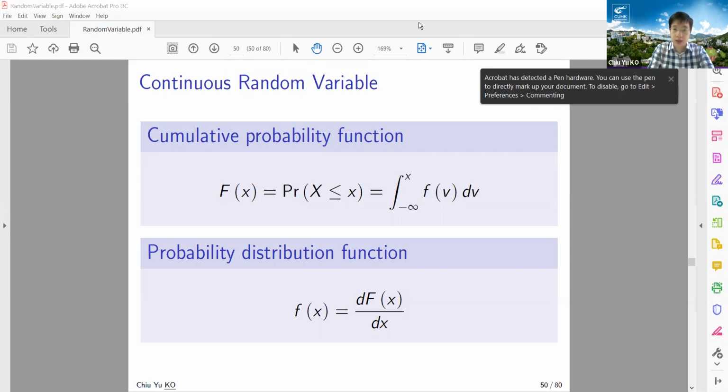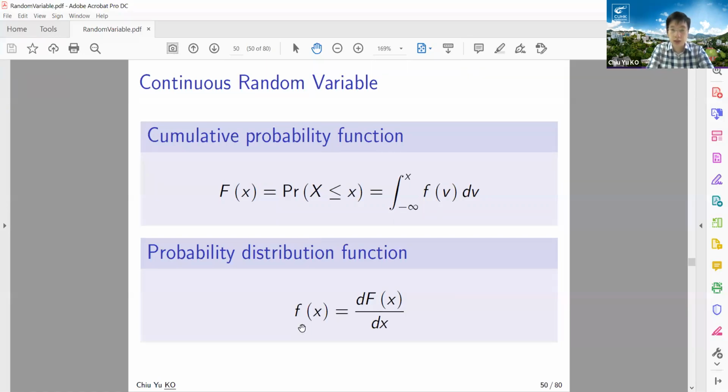So that is the main idea behind it. Okay. So then you take the derivative, which will give you the density function.